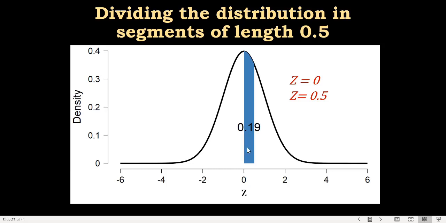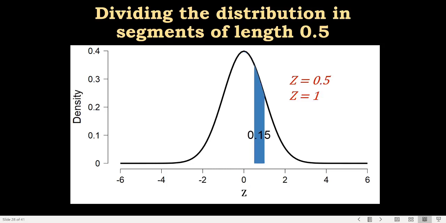Now let's consider the following interval of length 0.5. We go to the interval between 0.5 and 1. There is a 0.15 probability to observe a value in this region. Likewise, between negative 0.5 and negative 1. In the interval between 1 and 1.5, there is a 0.09 probability, or 9%.